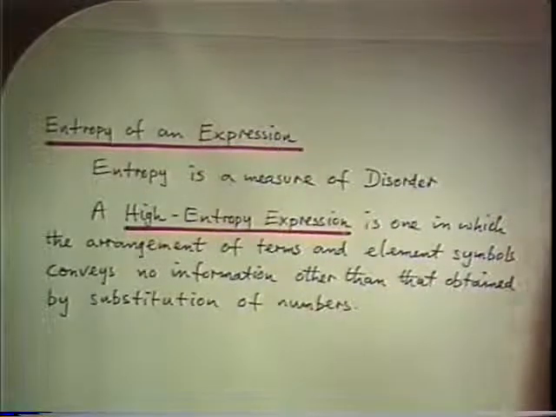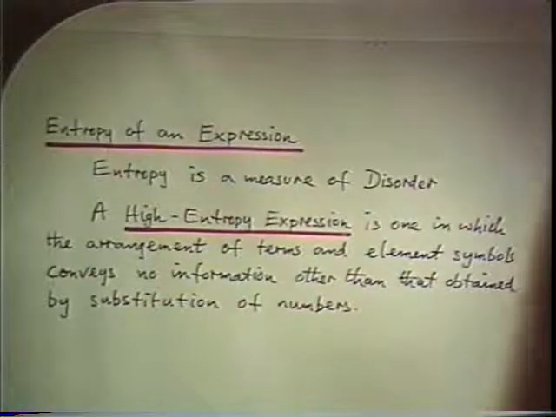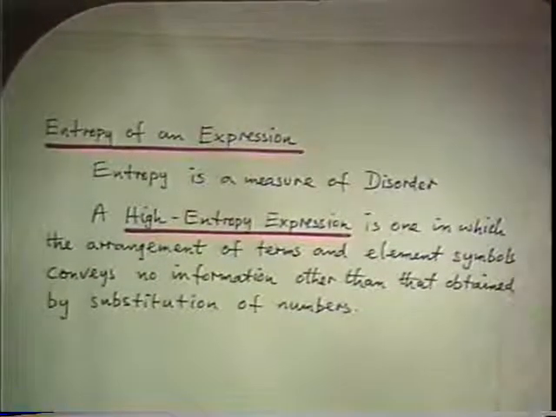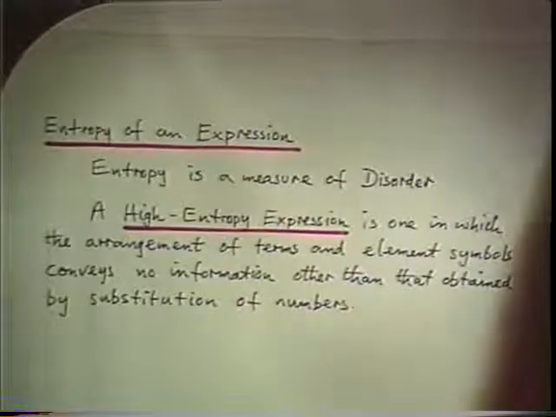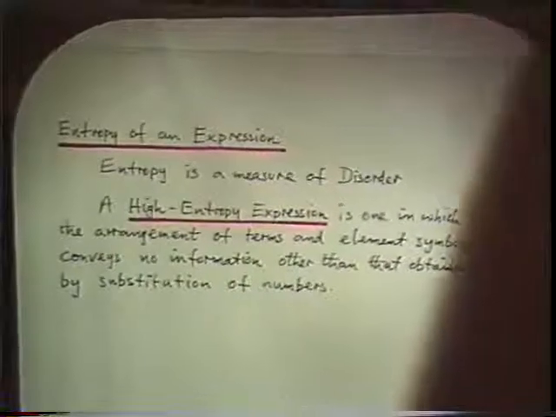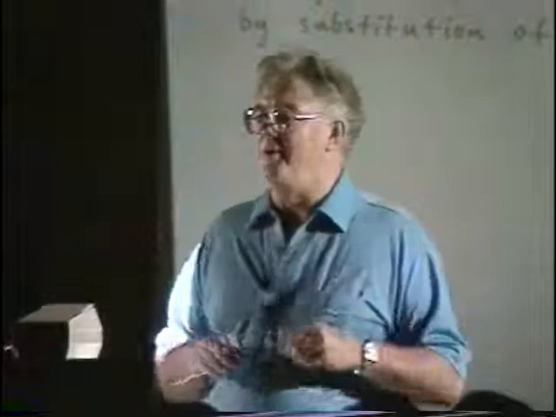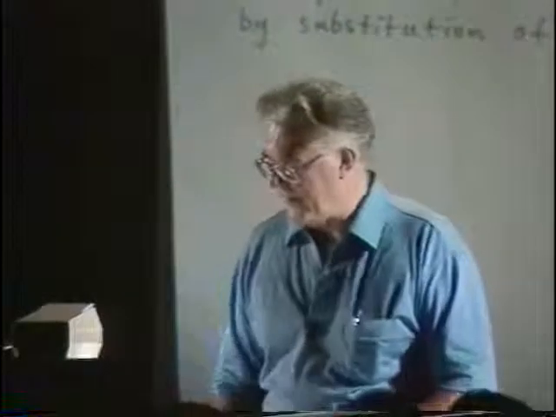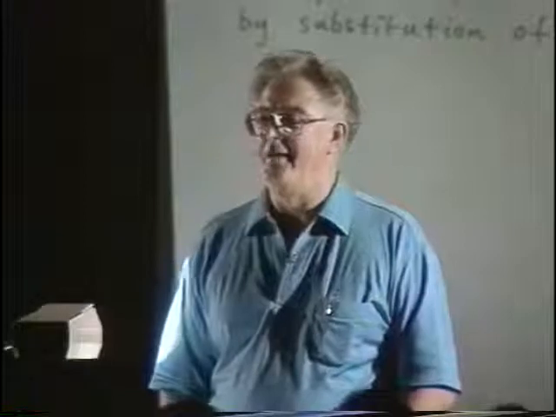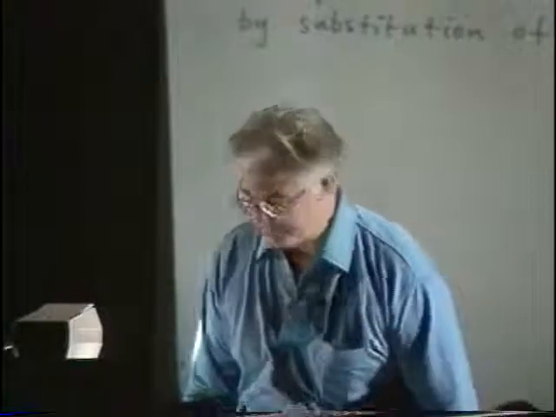It's certainly the way we all do it the first few times, because we think we've done well to get any answer at all. And so, however it happens to come out, however the symbols are grouped and arranged, there isn't any arrangement or grouping. It's just however they happen to come out of the algebra.